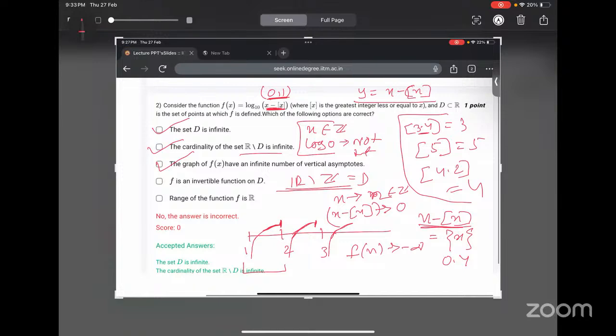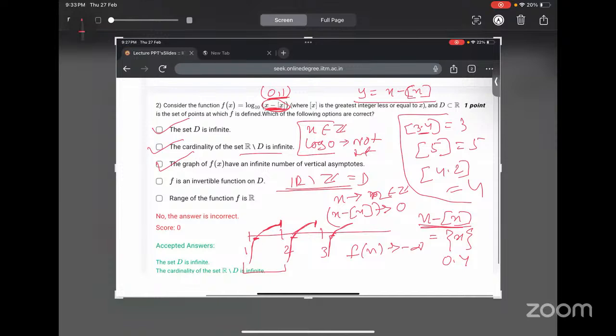That means this quantity cannot go more than 1, right? We know that logarithm of 1 is 0, right? That means we will get from this point like that. That means the graph of the logarithmic function from 0 to 1 will basically repeat in each interval. Okay, correct.